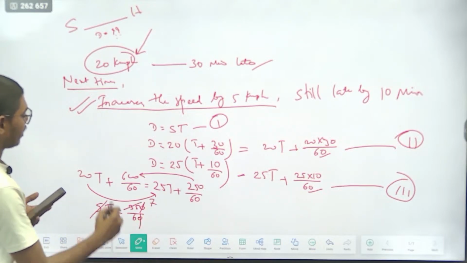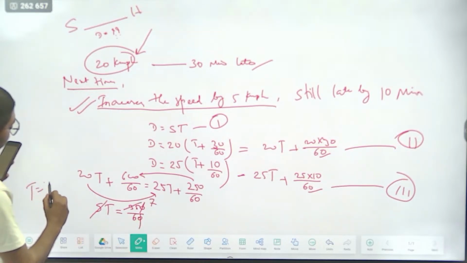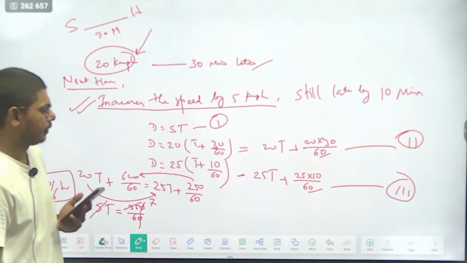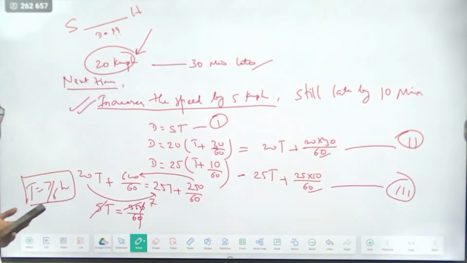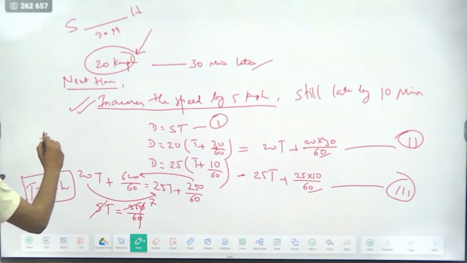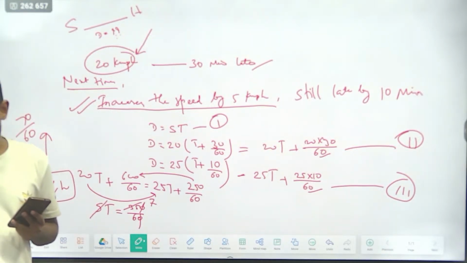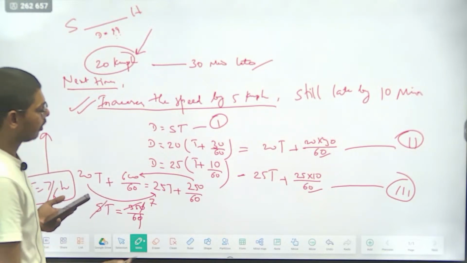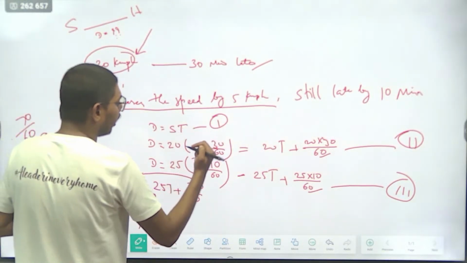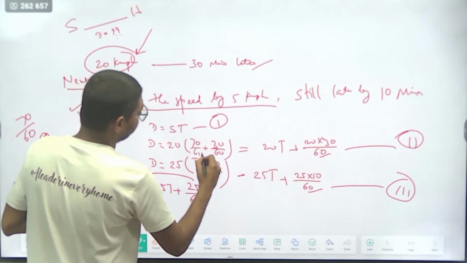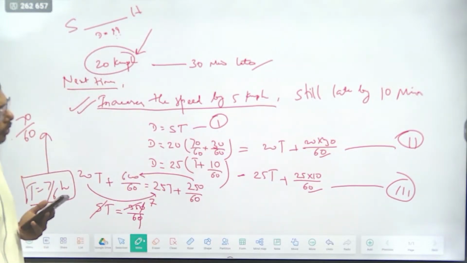Right. Time is equal to 7 by 6. 7 by 6 hours. I can write it as 70 by 60 also. Okay. And now over here I will just write plus 70 by 60. Right?